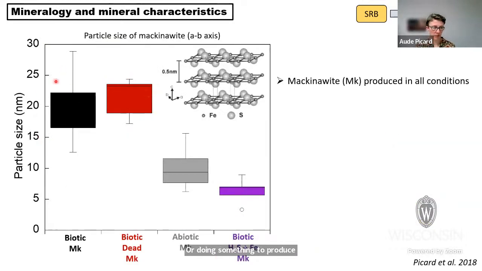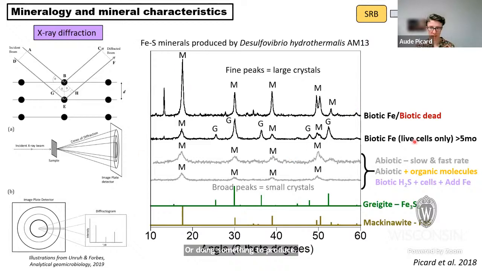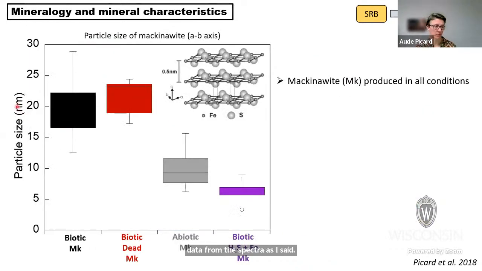So this is a plot of, so we can extract quantitative data from the spectra. As I said, the crystalline domain can be estimated. And so this is mackinawite in all those different conditions. And you can see that, so this is the crystal structure of mackinawite, which is produced in all conditions. So I'm showing here the particle size along the AB axis.